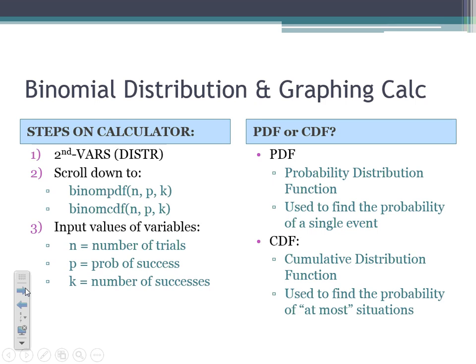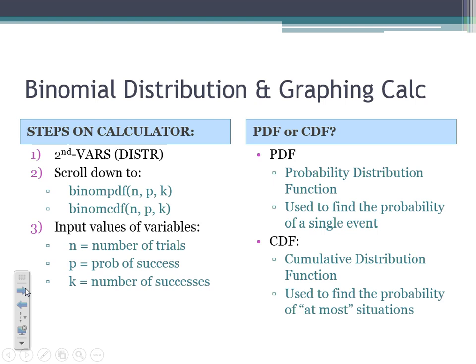Now let's talk about this phrase at most for a moment. Let's say I'm going to flip a coin 10 times, and I wanted to find the probability that I have at most 5 heads. If I say at most 5, what are all the settings that satisfy that?